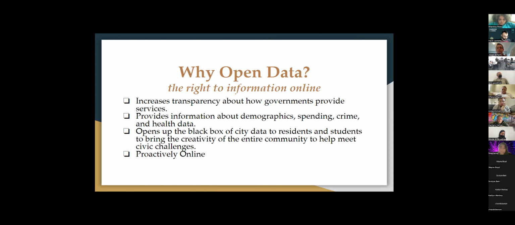There's actually a lot of data, and it's a newer thing that governments have been sharing online. It gives more information about what the city does with all of our tax money, our water bills, our taxes, whether we pay or our landlord pays. All this money's going to the city, so what's the city doing with it?